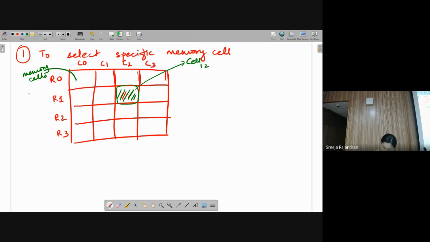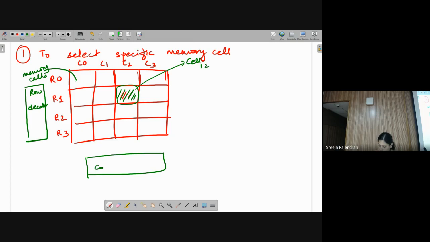For that purpose, I will have a row decoder here, and I have a column decoder also. So if I want to select cell 1 2, that means row 1 and column 2. So here for the row decoder, my input should be 1, right?